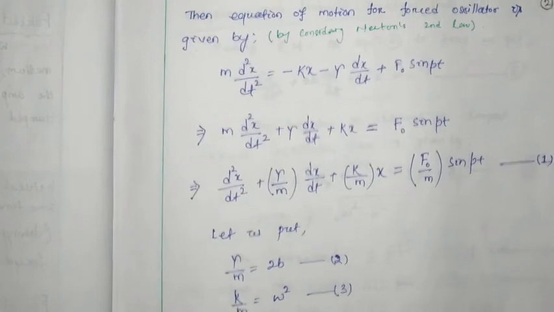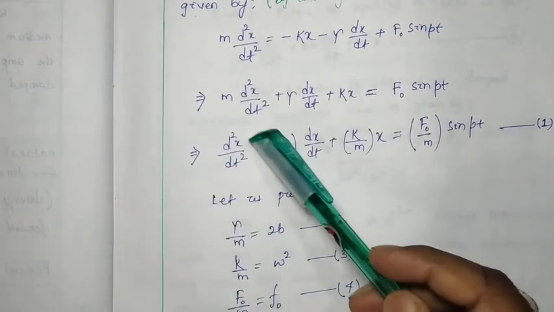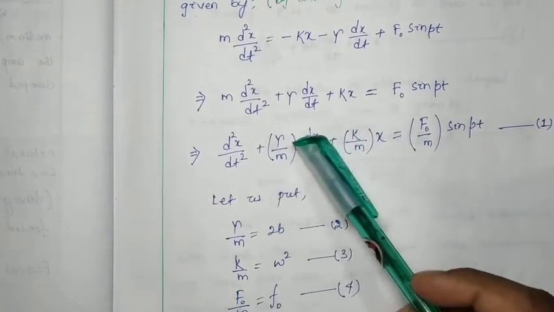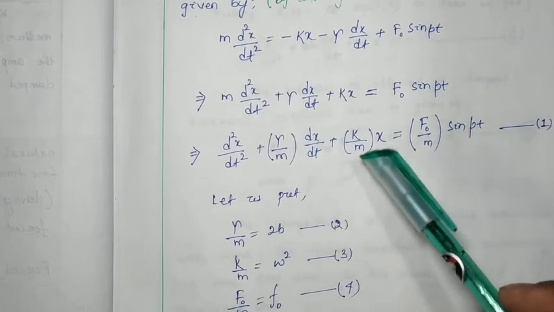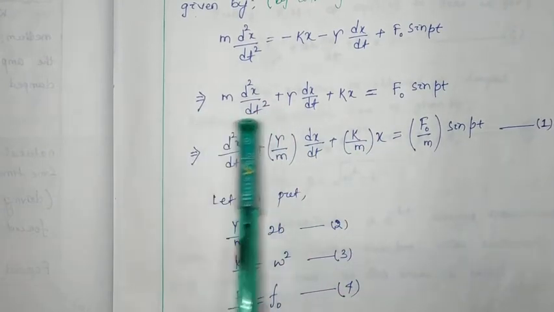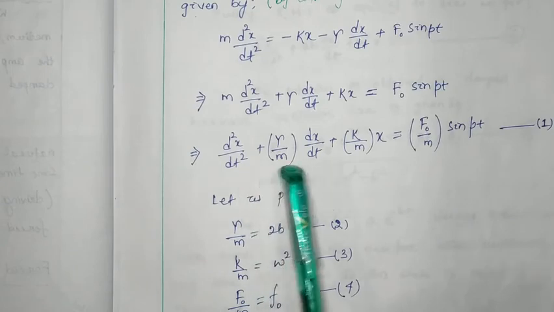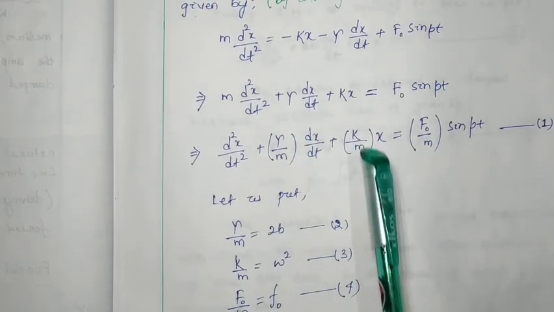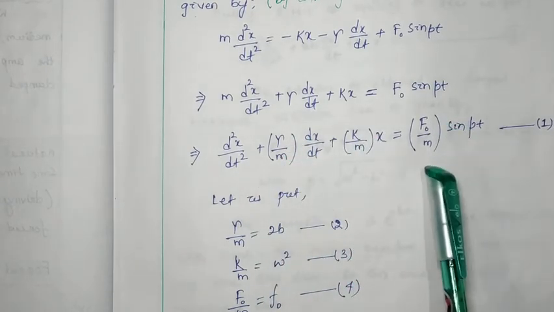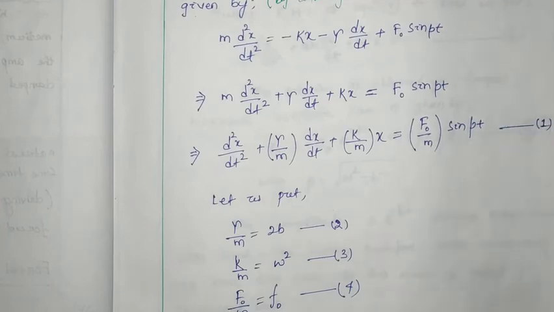That implies d square x by dt square plus gamma by m dx by dt plus k by m x equal to F0 by m sin pt, where I divided each term by m. Let this be equation number 1.